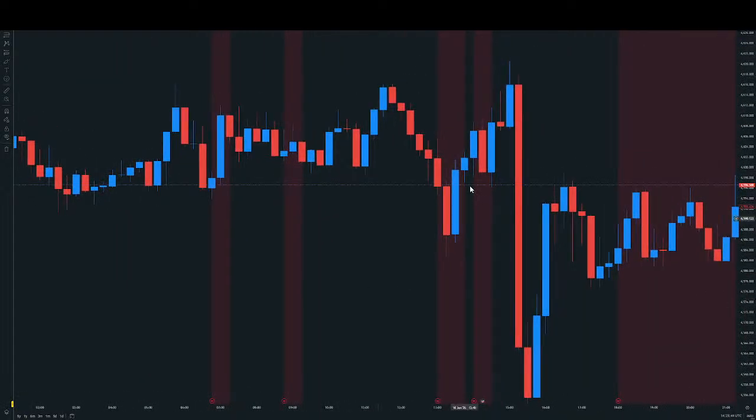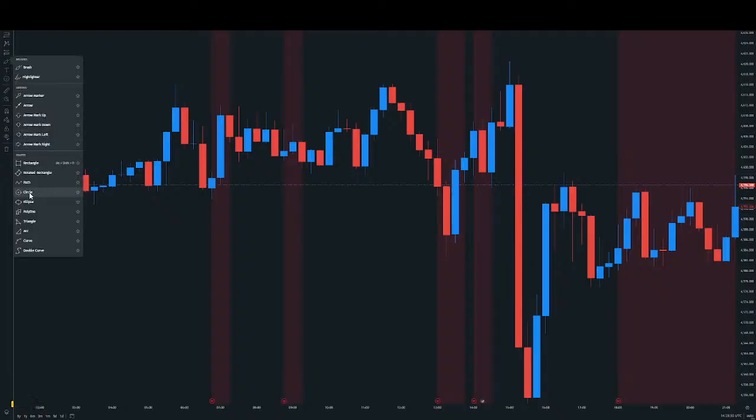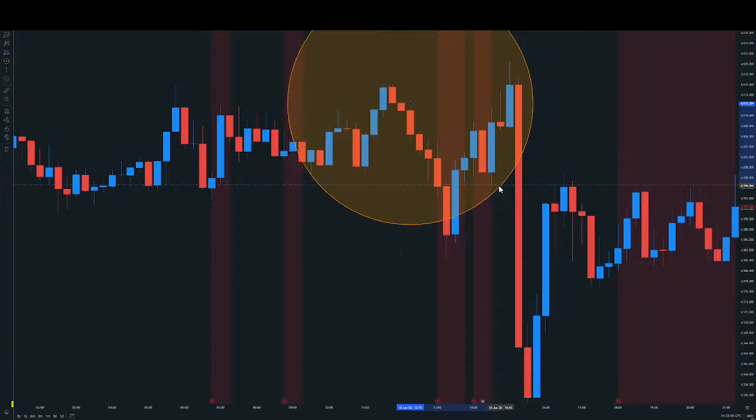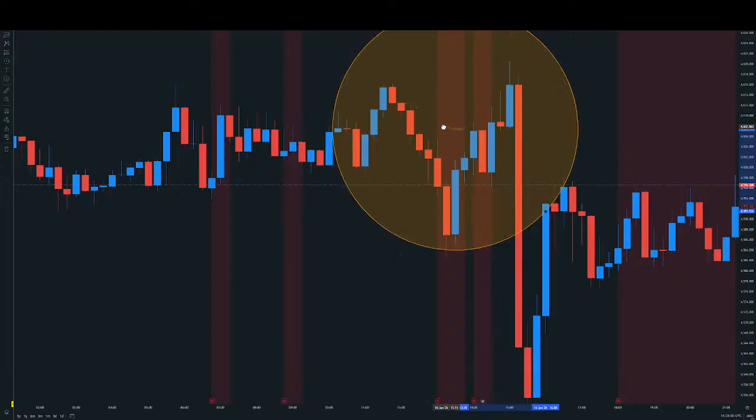I'll take this as a first example. Let me highlight this, something like this. This point here is going to be our first example. Let's make use of white.